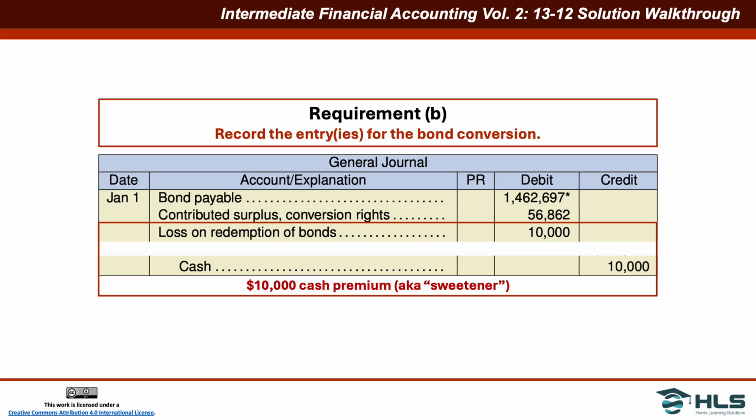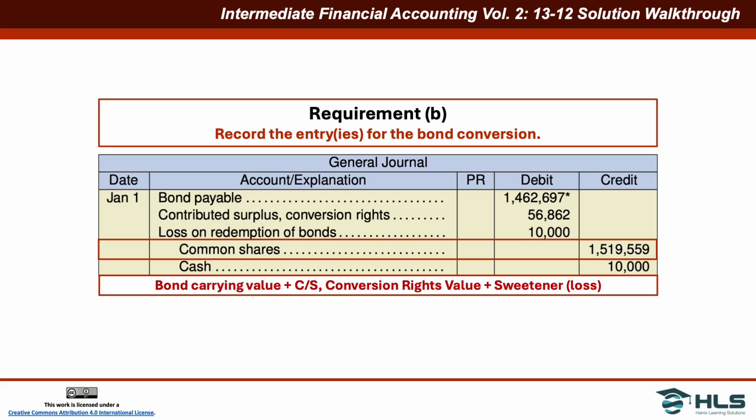The sweetener is in essence an additional cost the company bears to promote the redemption of the bonds. The final amount to make the journal entry debits and credits balance is a credit to common shares for $1,519,559. And that's the sum of the bond carrying value plus the contributed surplus balance plus the sweetener.